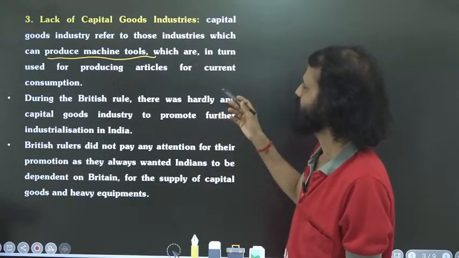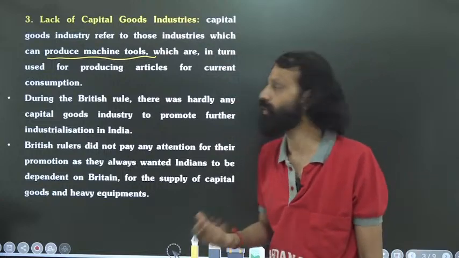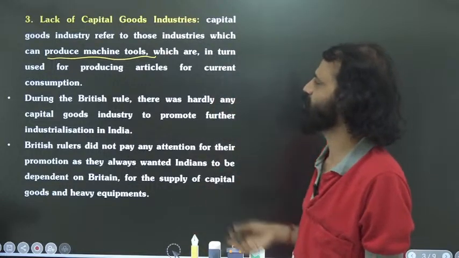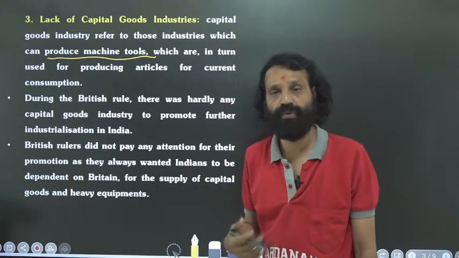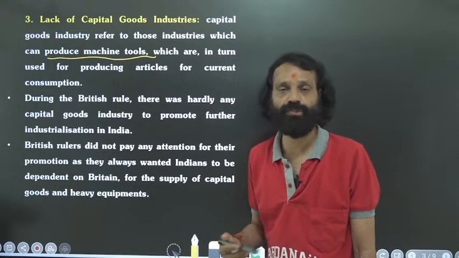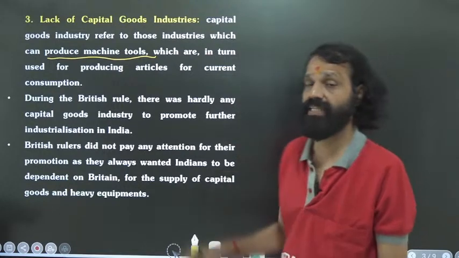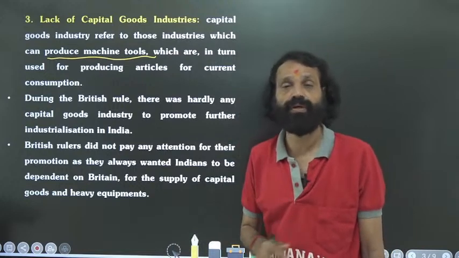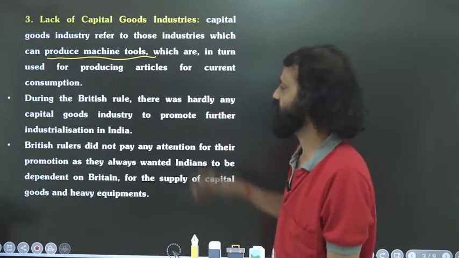What they were doing was making some simple tools for day to day activities, mainly for the development of agriculture. Agriculture tools they were making, but for the development of industries, there were no good machineries or tools in India.